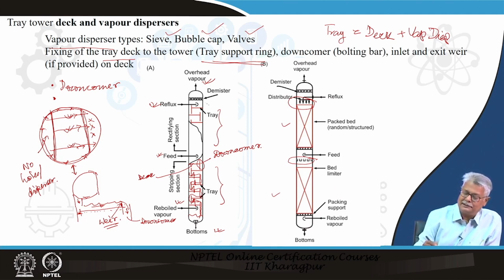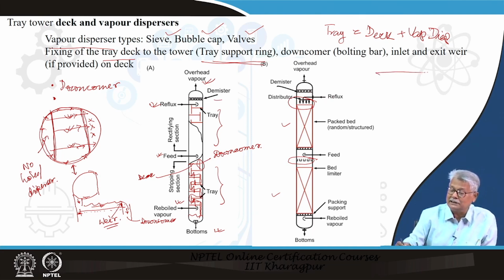So, what happens is, basically the liquid droplets will also get carried over, and above the reflux, before the vapor goes out, what you have is a demister.